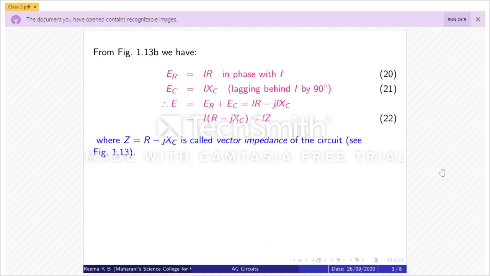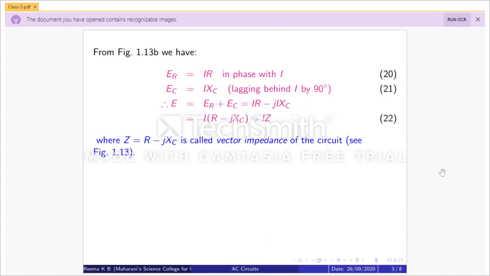From figure 1.13b we have ER is equal to I times R, which is in phase with current I. EC is equal to I times XC, which lags behind the current by an angle of 90 degrees.